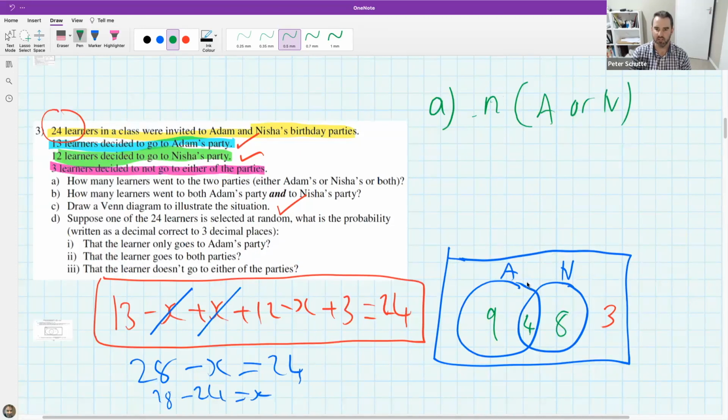That's just going to be this region over here. So A, you can either go to Adam's or Nisha's or both. So A or N would be 21 because you go those 3.